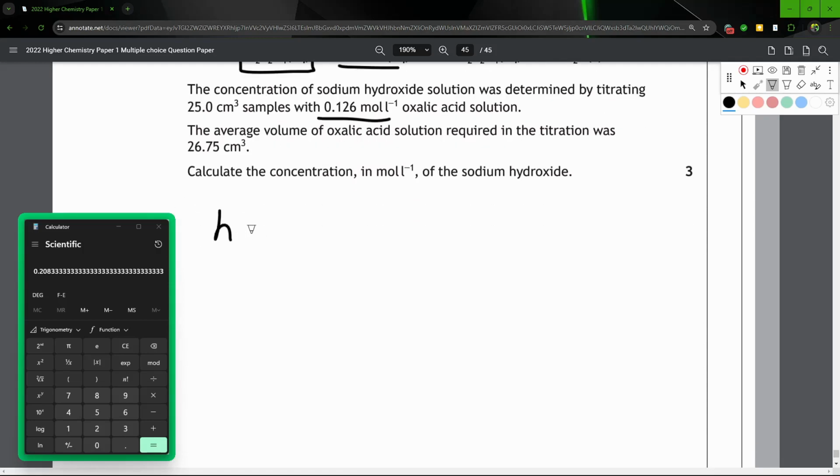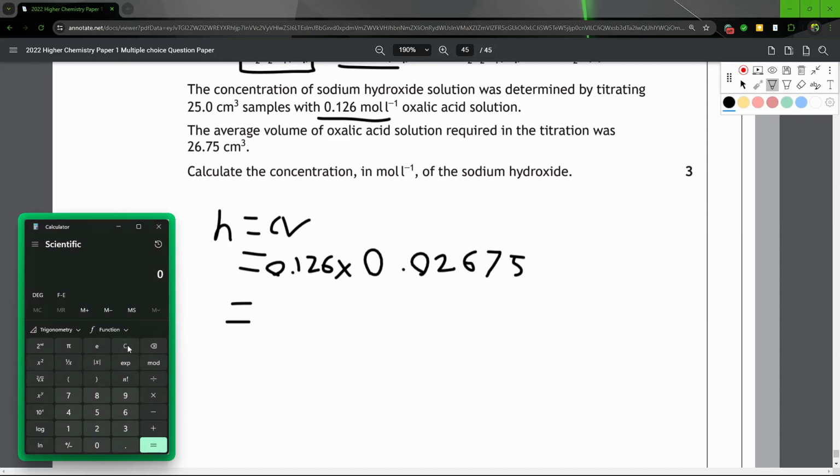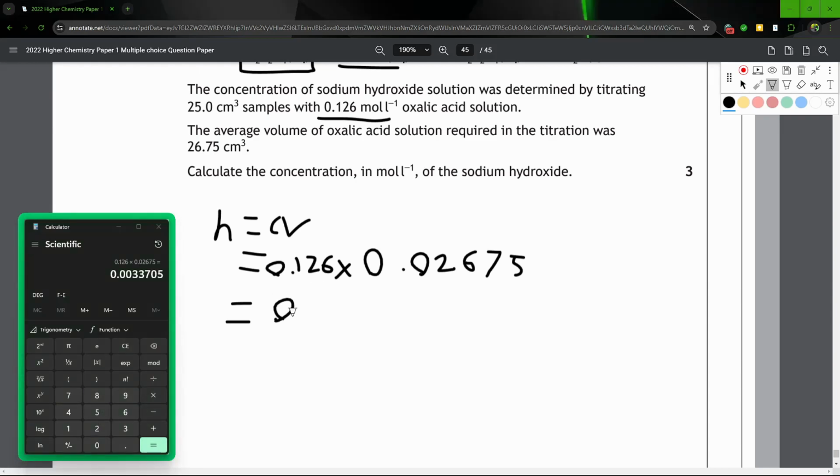So let's calculate the number of moles of oxalic acid we needed. That's going to be 0.126 times the average volume, which remember we're doing in litres, so it's actually going to be 0.02675, and that's going to give us a quite small number. Keep it in your calculator, as I said before.